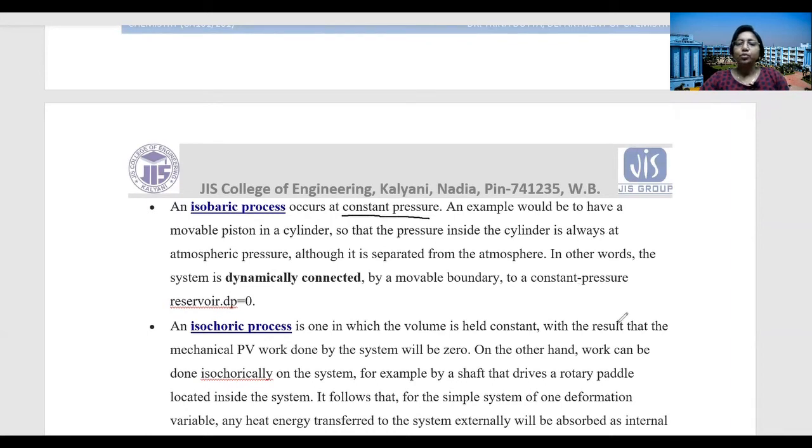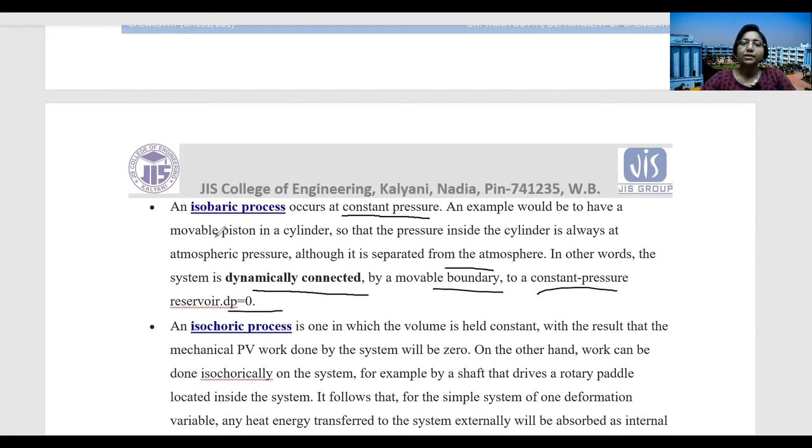An example would be to have a movable piston in a cylinder, so that the pressure inside the cylinder is always at atmospheric pressure, although it is separated from the atmosphere. In other words, the system is dynamically connected by a movable boundary. So constant pressure means we can represent it by dP is equal to 0.